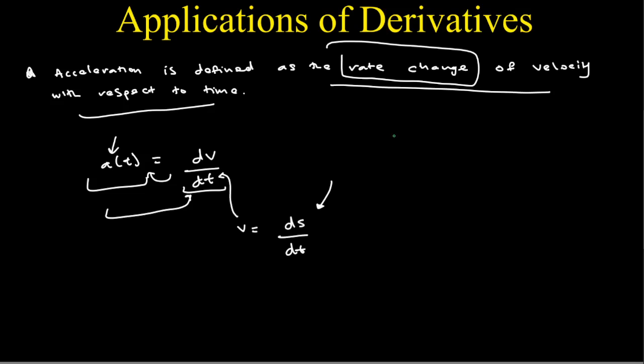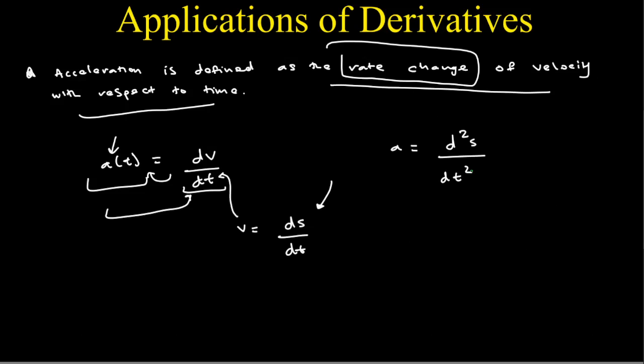So acceleration is also equally defined as the second derivative of displacement with respect to time. So depending on what information we're given, we can use these notions of second derivatives and these equal and analogous definitions to find acceleration and to find velocity, etc.